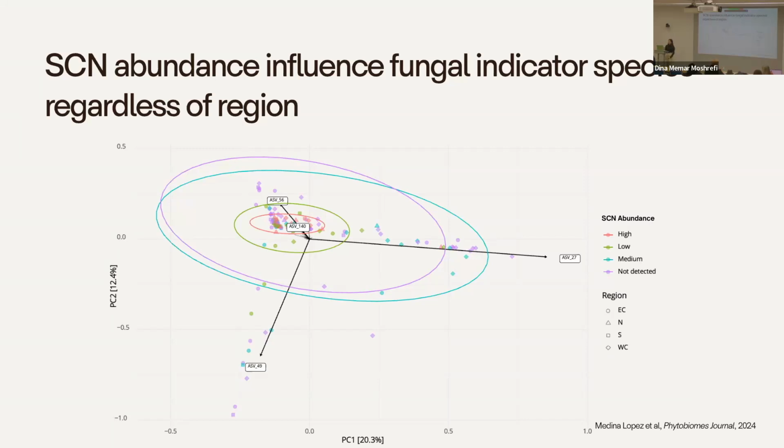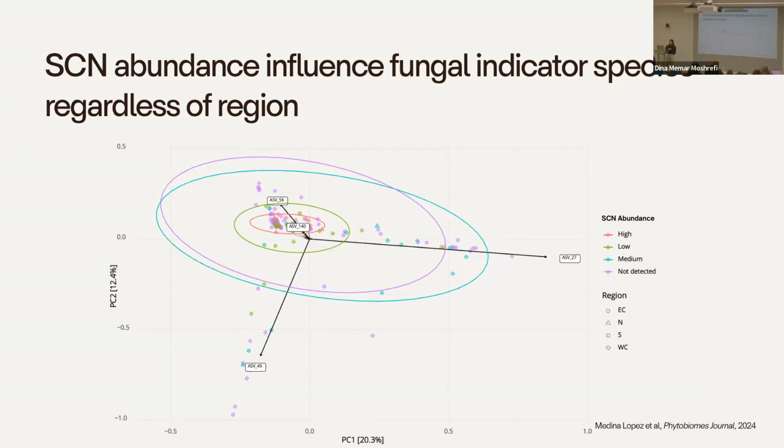An indicator species analysis just identifies species that are consistently found within the same sample group. So if a taxa is consistently found within the group in all of your samples, or a significant proportion of those samples, it would be identified as an indicator species for that group.